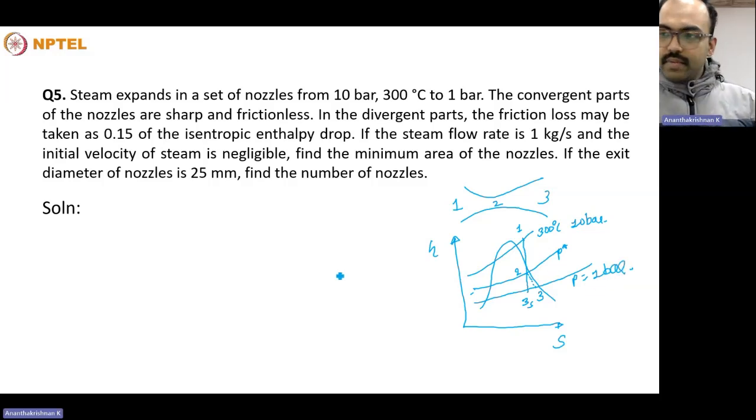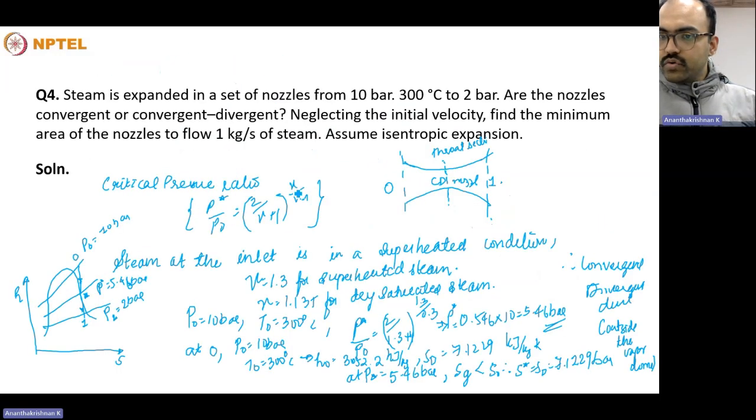So just like the previous case, we have to identify the in-between points. P star, that's the throat point pressure, will be equal to P2. We have found out that the ratio (2 by gamma plus 1) raised to gamma by gamma minus 1 will be equal to 0.546.